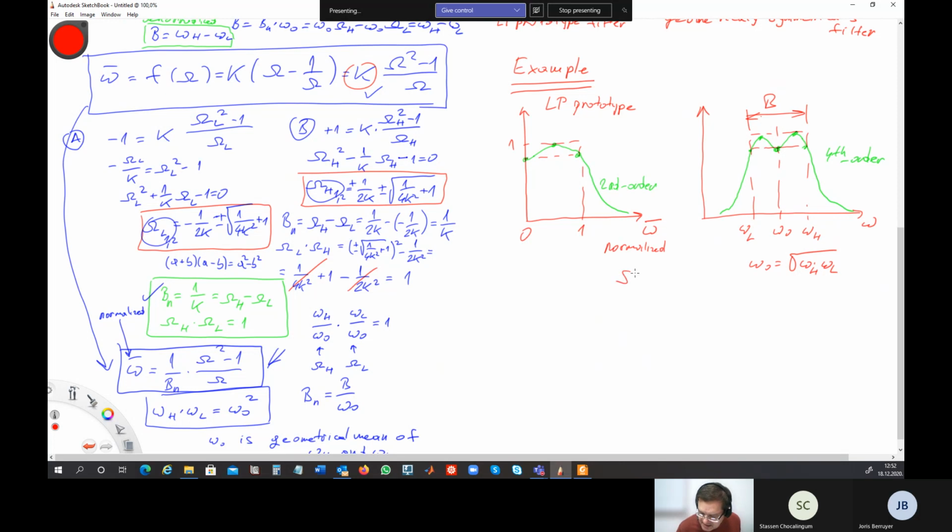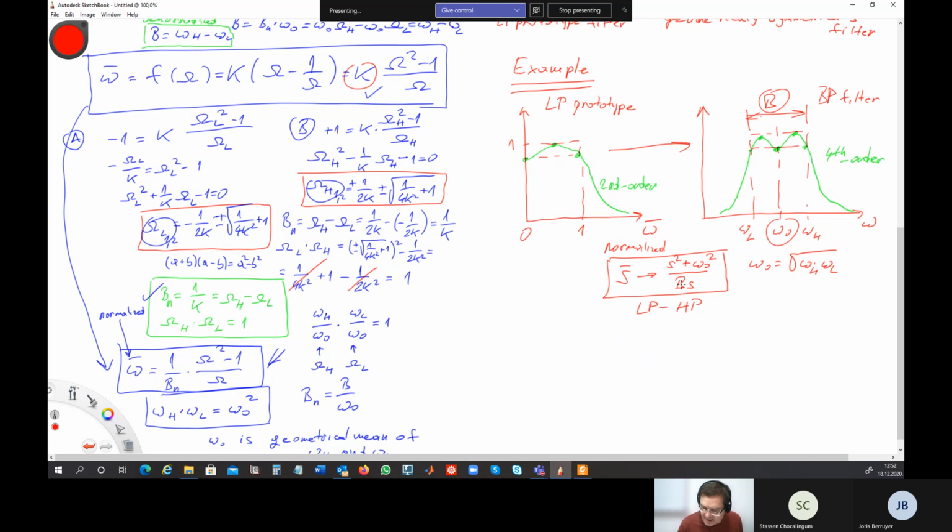We obtained it by replacing S with S square plus omega 0 square over B times S. So we apply this low pass to band pass transformation, and we obtain from the low pass prototype a band pass filter with bandwidth B and central frequency omega 0, which is of course denormalized, because we can put here omega 0 and B whatever we want.